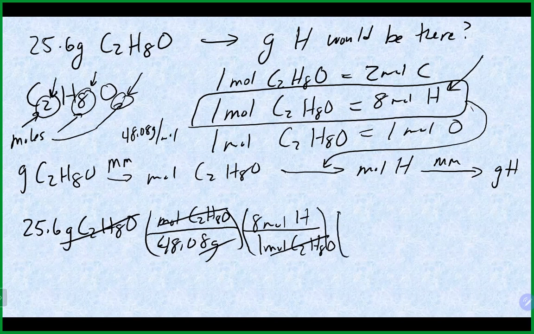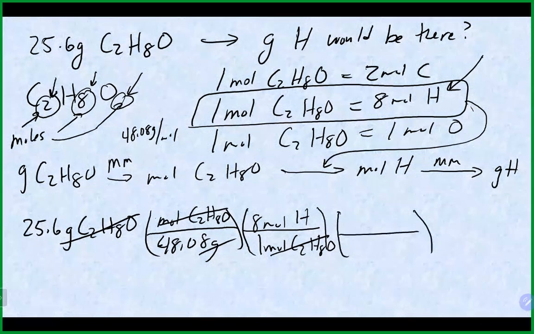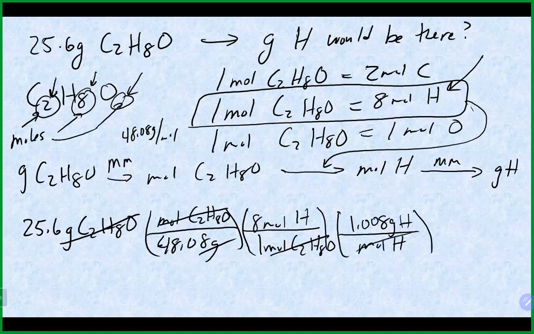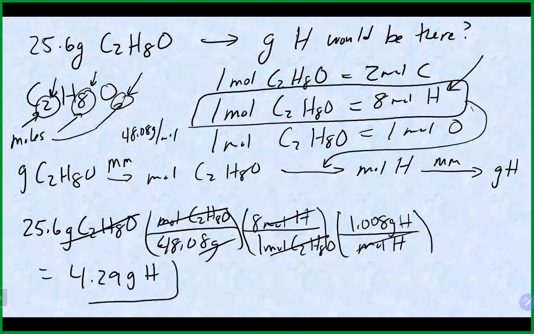Lastly, here we are interested in grams, so we take our molar mass of hydrogen only from the periodic table. Those units cancel, and that gives us 25.6 times 8 times 1.008 divided by 194.08 equals 4.29 grams of hydrogen in this case.